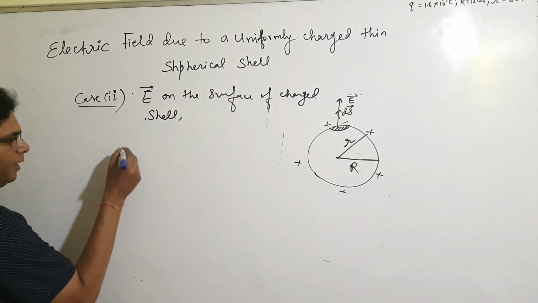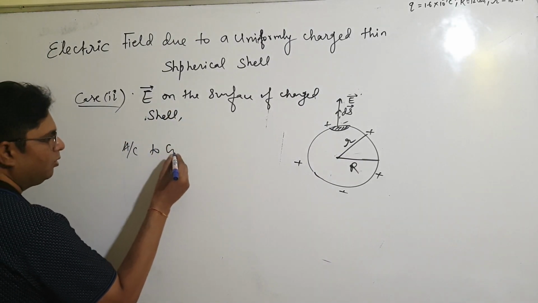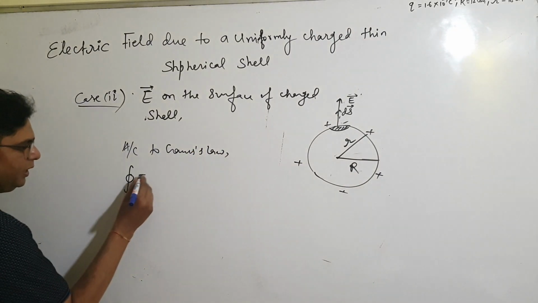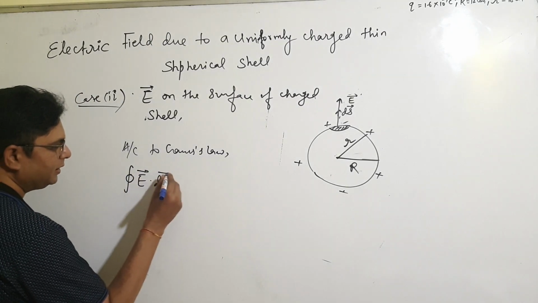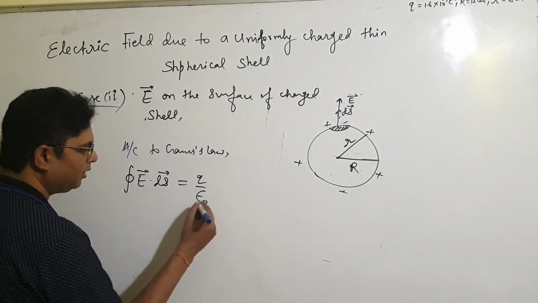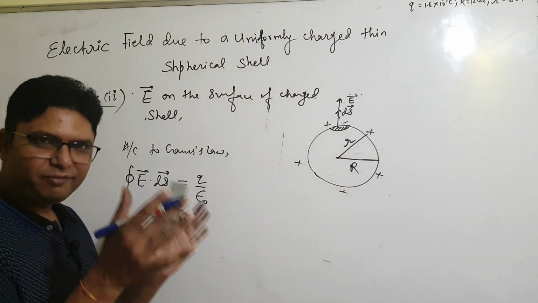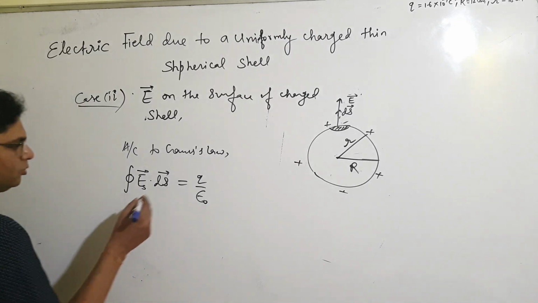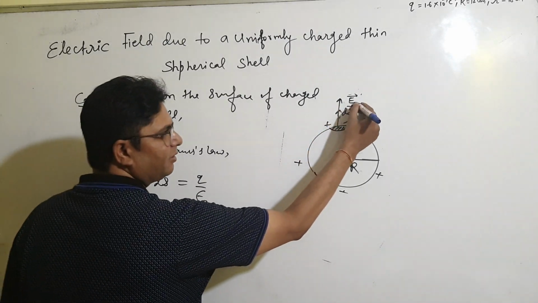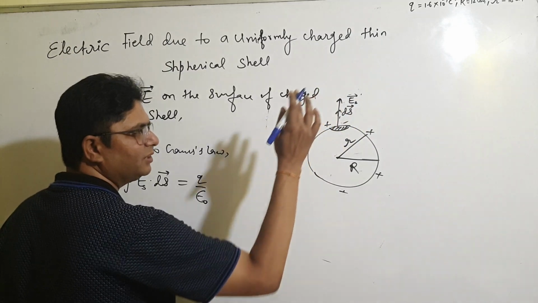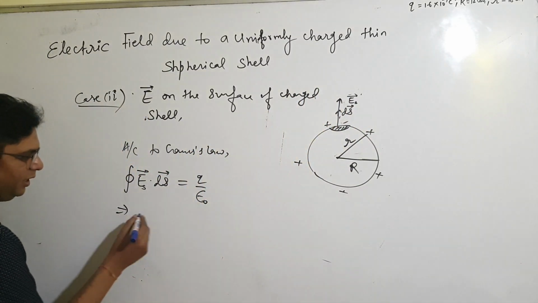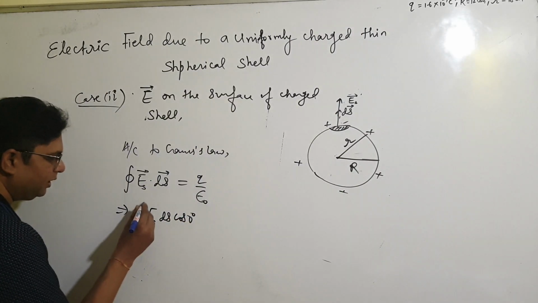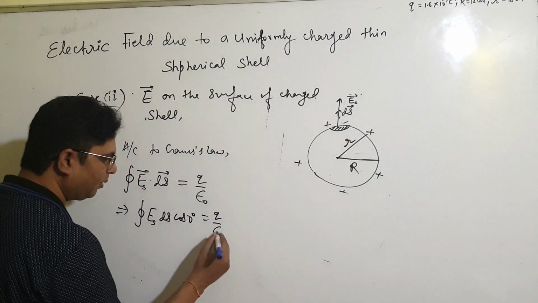Here, according to Gauss's law, the closed integration of E dot ds is equal to q upon epsilon naught. Since we are finding it on the surface, write S for surface. So E_S and ds have the same direction, so the angle is again 0 degree. You have E_S ds cos 0 degree, closed integration, equal to q upon epsilon naught.